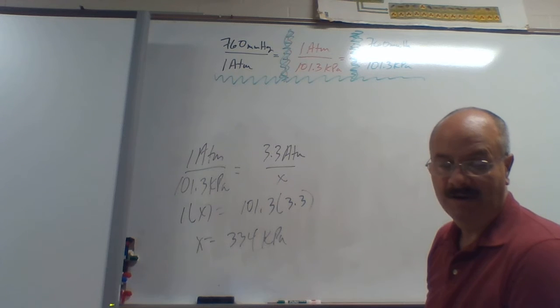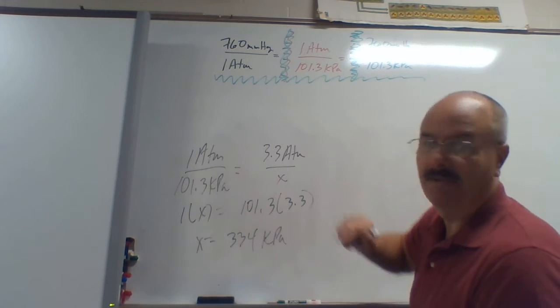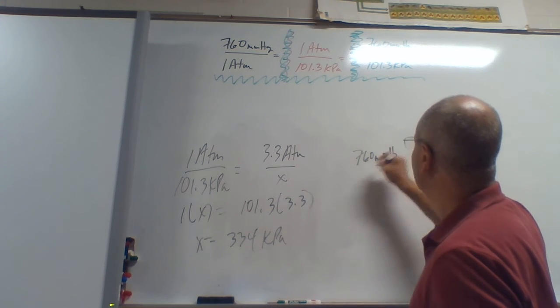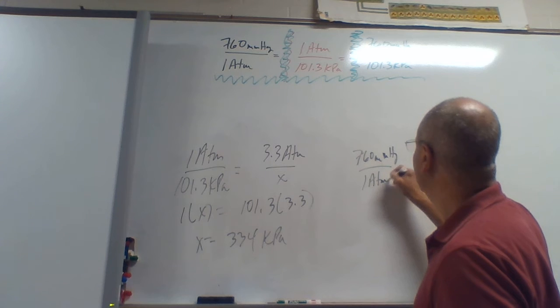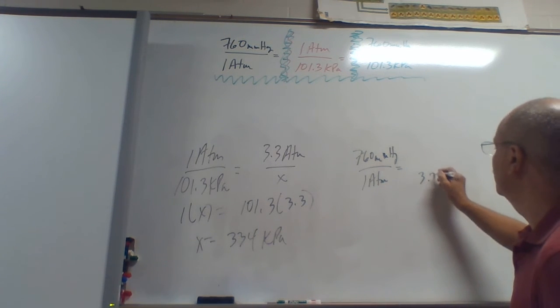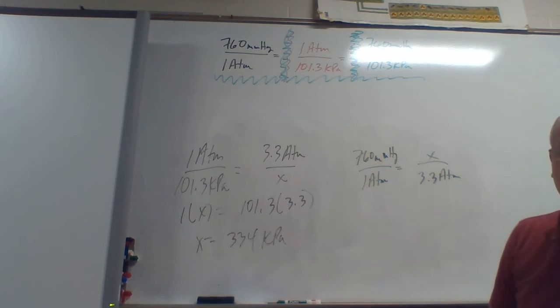All right, then we go to the second part. We have to change atmospheres to millimeters of mercury. So that's the black one that's up there. So we got 760 millimeters of mercury over 1 ATM. And instead of 1 ATM, we actually have 3.3 ATMs. And we're going to find X millimeters of mercury.